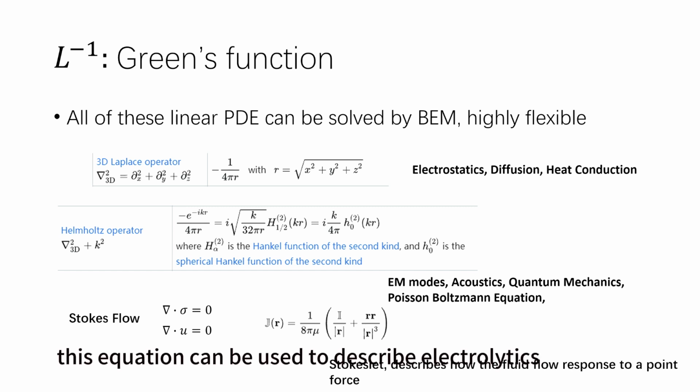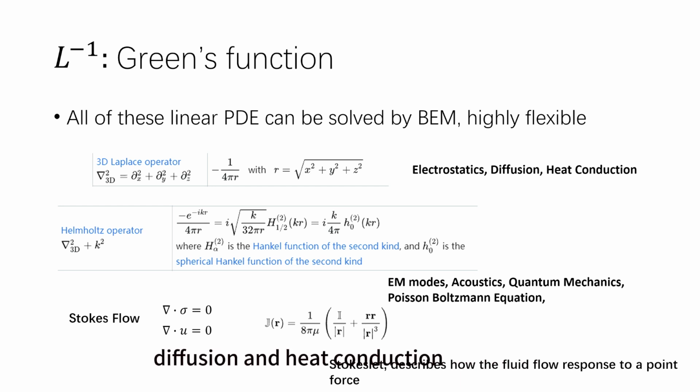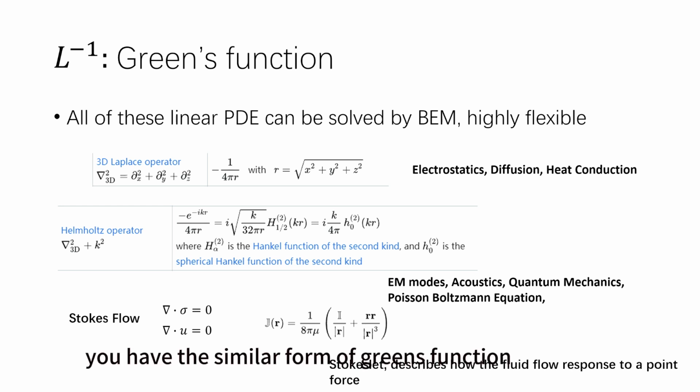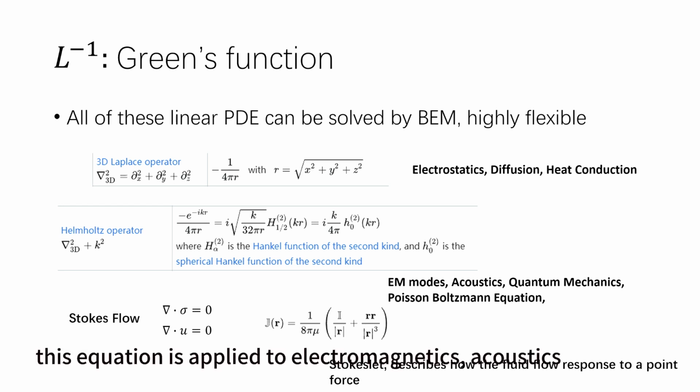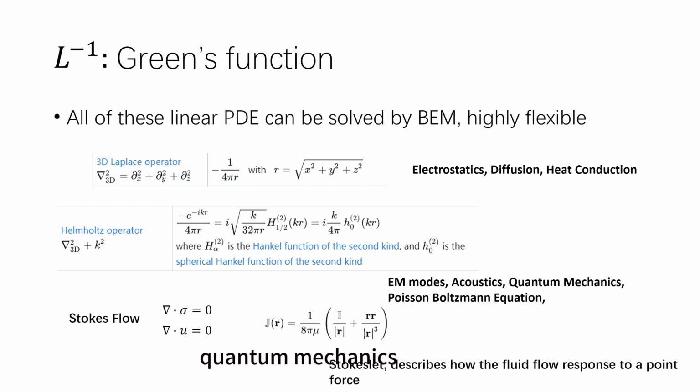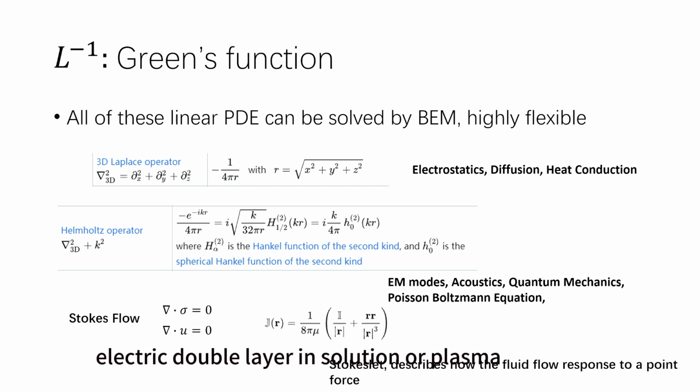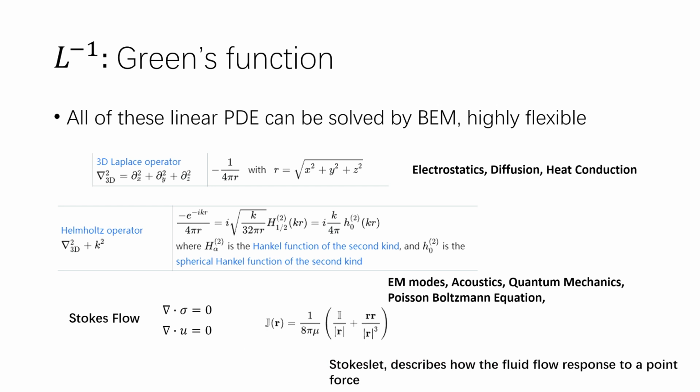This equation can be used to describe electrostatics, diffusion, and heat conduction. For the Helmholtz operator, you have a similar form of Green's function, but with an extra factor e to the minus kr. This equation is applied to electromagnetics, acoustics, quantum mechanics, and electric double layers in solution or plasma.